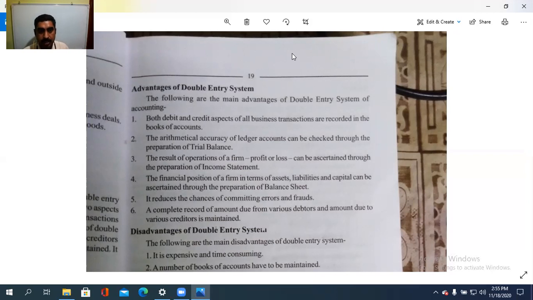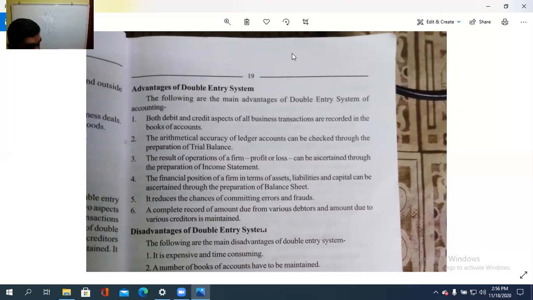Then the result of operation of a firm, either the profit or loss, can be ascertained through the preparation of income statement. So trial balance needs to be prepared, then the income statement also needs to be prepared. And the financial position of a firm in terms of the assets, the liabilities, and the capital can be ascertained through the preparation of balance sheet.